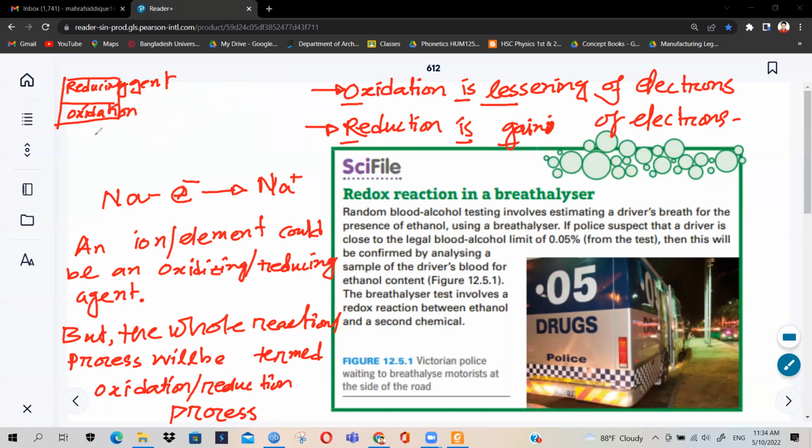Again, in another table, he would write oxidating agent and reduction.